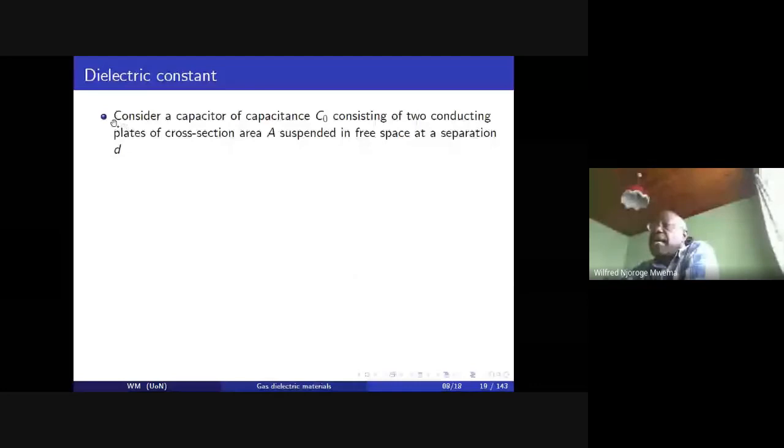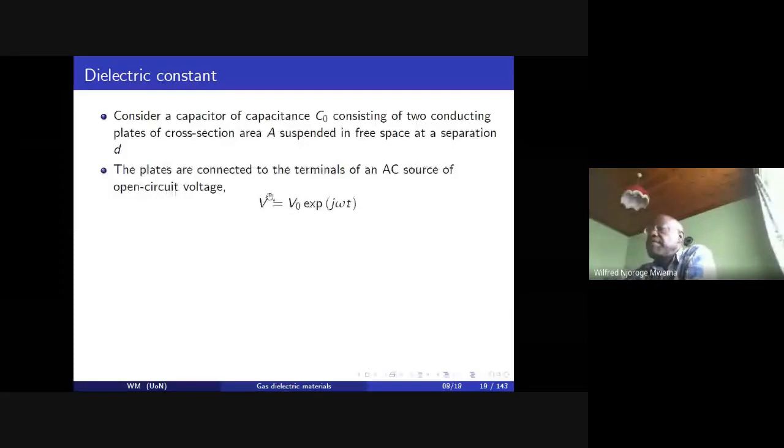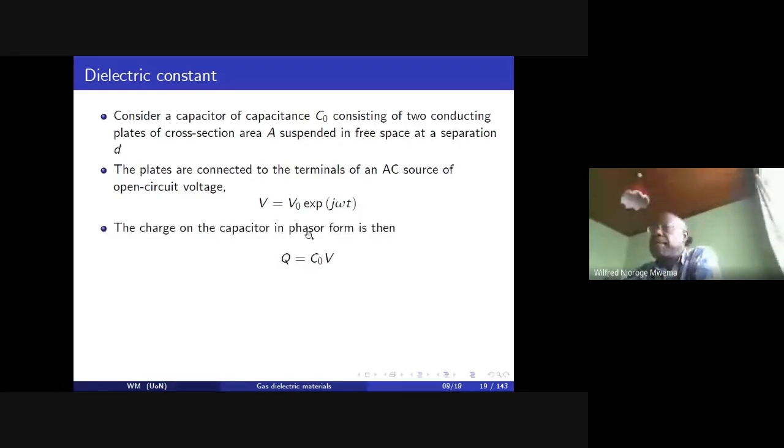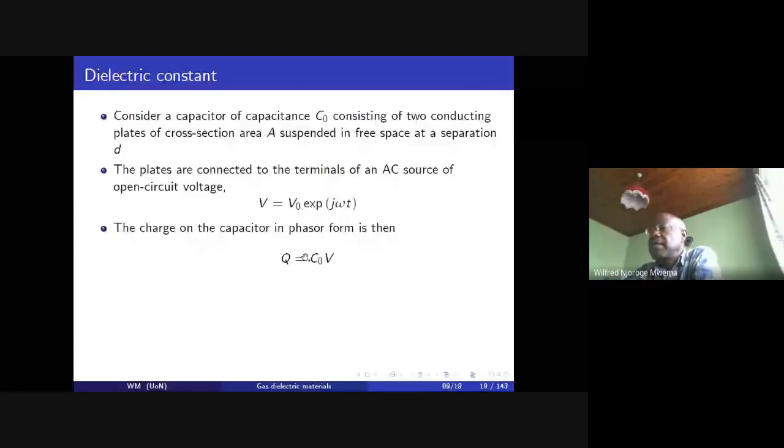So what is the dielectric constant? If we consider a capacitor of capacitance C naught consisting of two conducting plates with cross-section area A and suspended in free space at a separation d, and the plates are connected to the terminals of an AC source with an open circuit voltage V equal to V naught e to the j omega t, that is, in phasor form, then the charge on the capacitor in phasor form is the capacitance multiplied by the voltage across it.